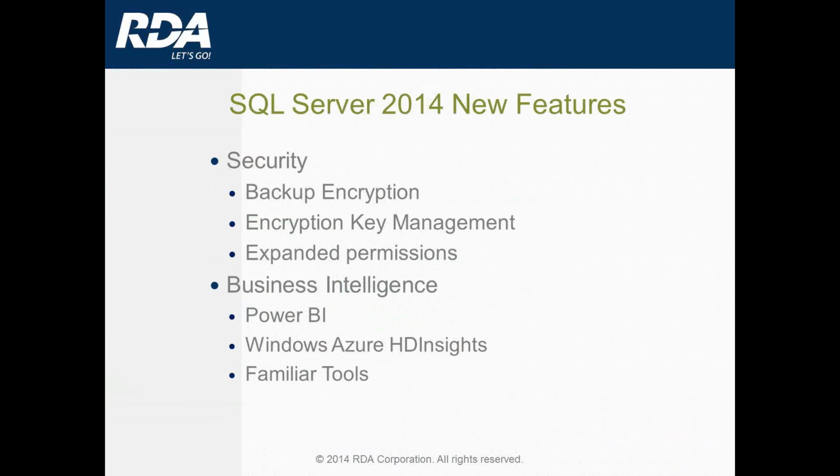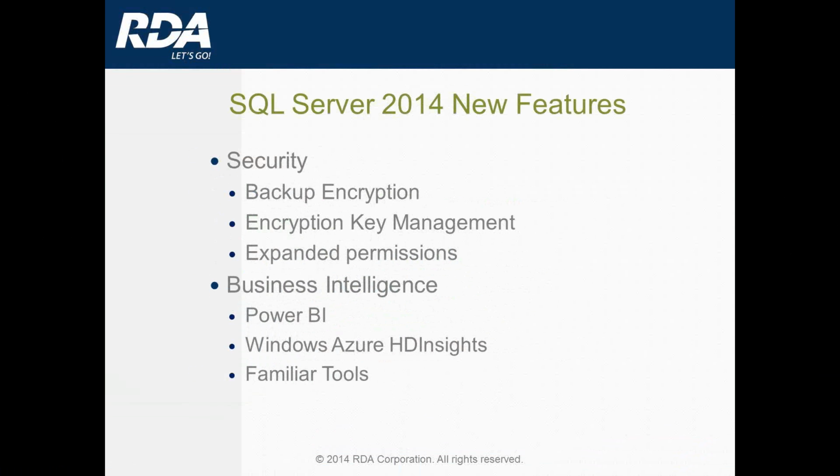The common criteria certification is now at the high assurance level, and backup data can be encrypted and sent to Azure, and the key would remain local. And it has enhanced encryption key management as well.